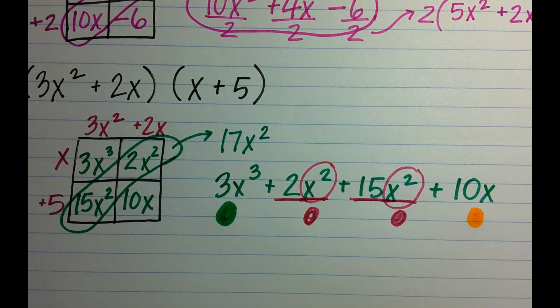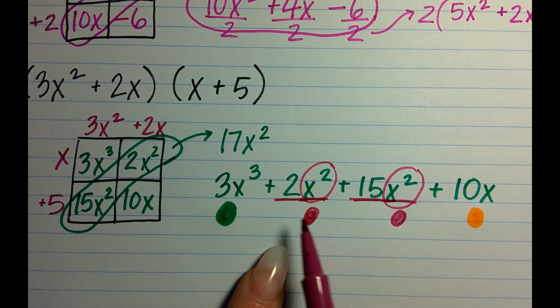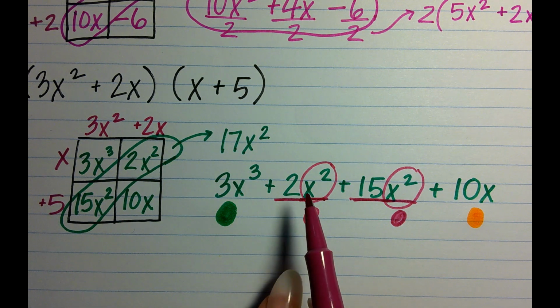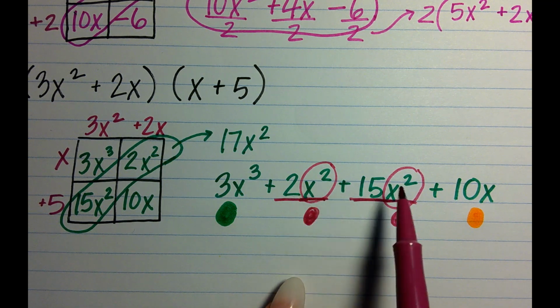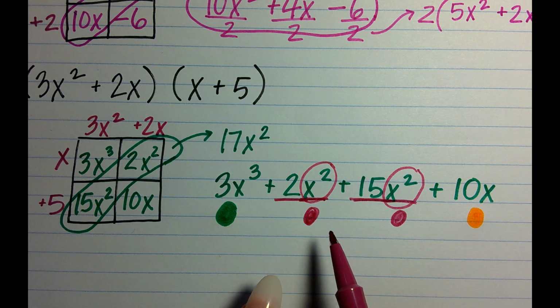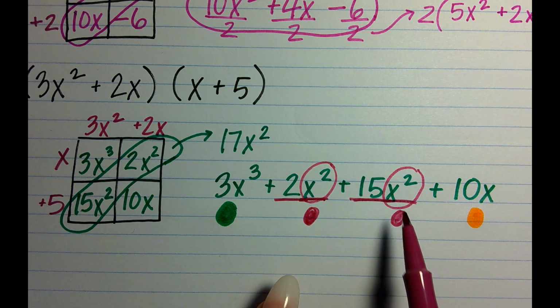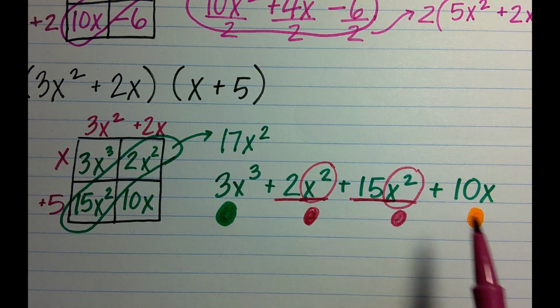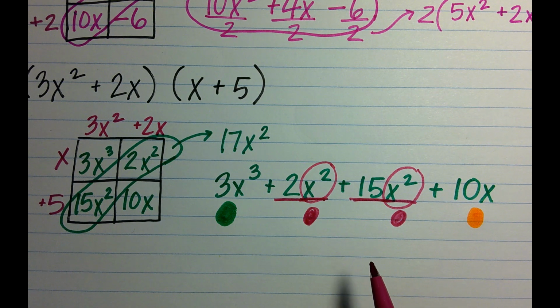If this makes any sense, hopefully it doesn't make it more confusing, but whenever I am combining my terms that are alike, my x squareds, it's like if I have 2 pinks and 15 pinks, 2 plus 15 is 17, I should have 17 pinks.